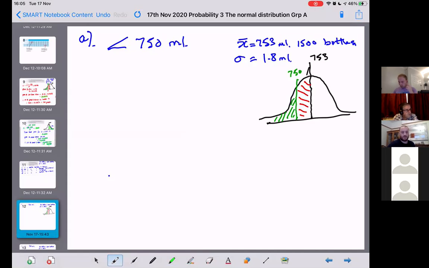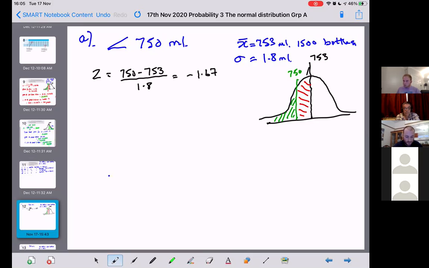Okay, so that could be a rounding thing somewhere. 71 is what we should have, because our Z value is X, the 750, minus the 753 over 1.8 equals minus 1.67. That's where I've gone wrong.